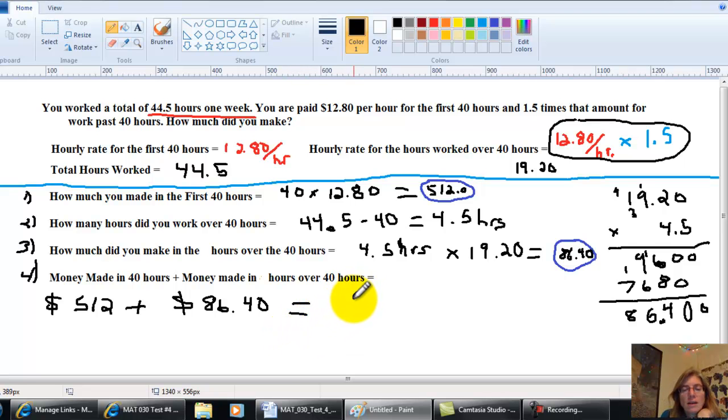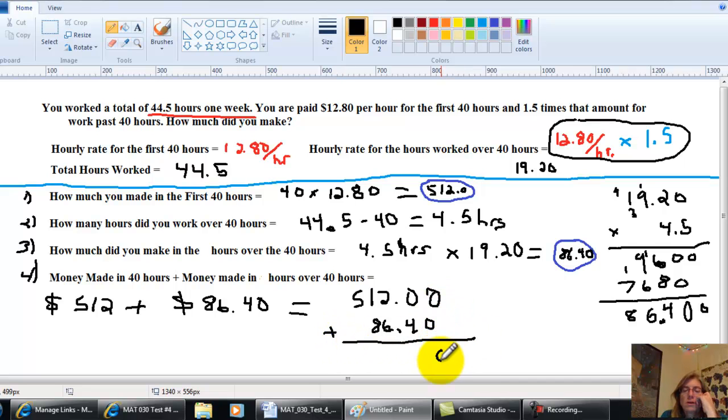So let's add that. You will have 512. Remember where your decimal is. It's there. And when you add, you line up the decimals. So 86 point 40. Now fill in beyond the decimal and add.